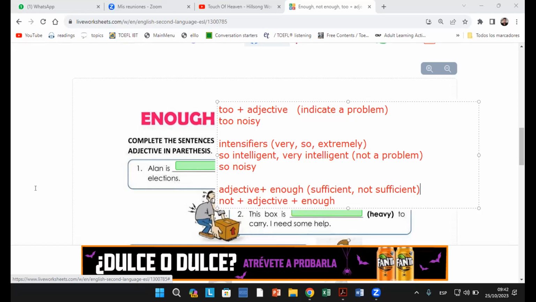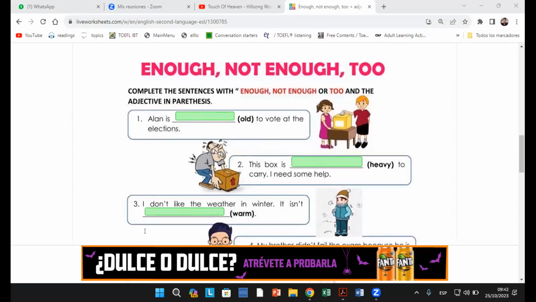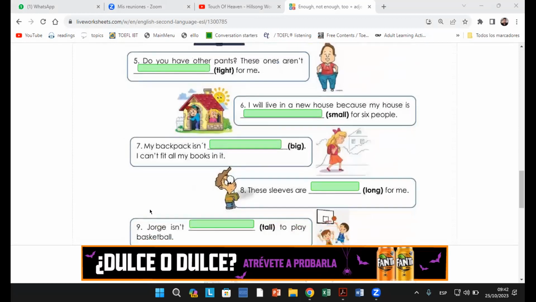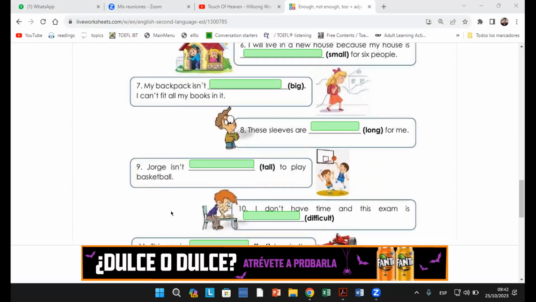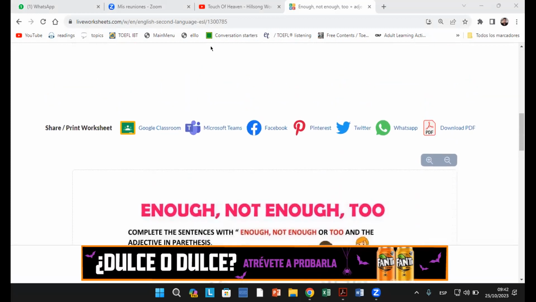Okay, now you are going to do, maybe if you want to take a picture, take a picture. Listen, you are going to complete the exercise, okay? Look at the pictures and do it. In the breakout room, you do it together as a group. Okay, teacher. Let's go.